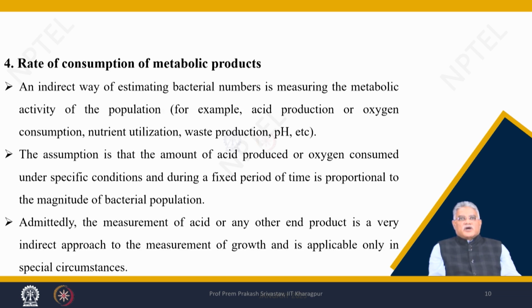Now, the rate of consumption of metabolic products. An indirect way of estimating bacterial numbers is measuring the metabolic activity of the population. For example, acid production or oxygen consumption, nutrient utilization, waste production, pH, etc. The assumption is that the amount of acid produced or oxygen consumed under specific conditions and during a fixed period of time is proportional to the magnitude of bacterial population.